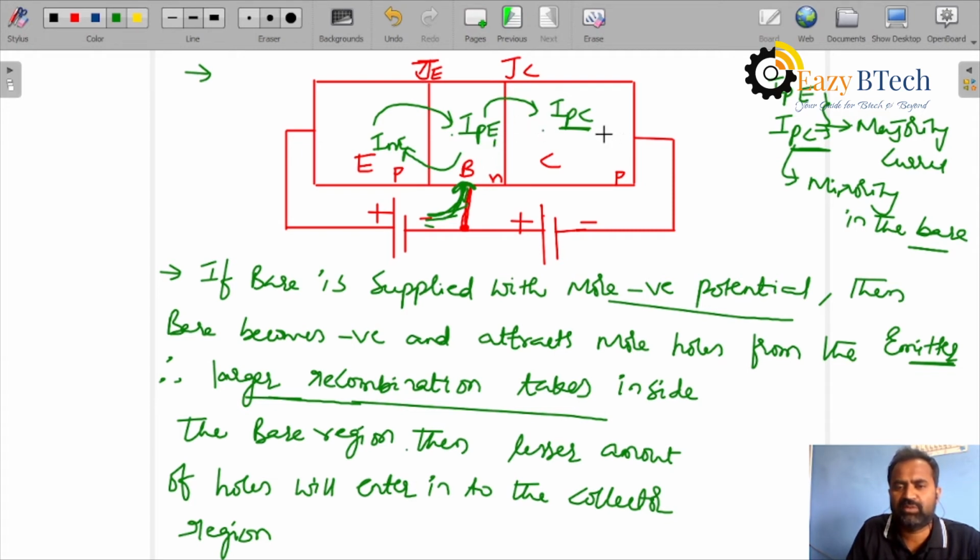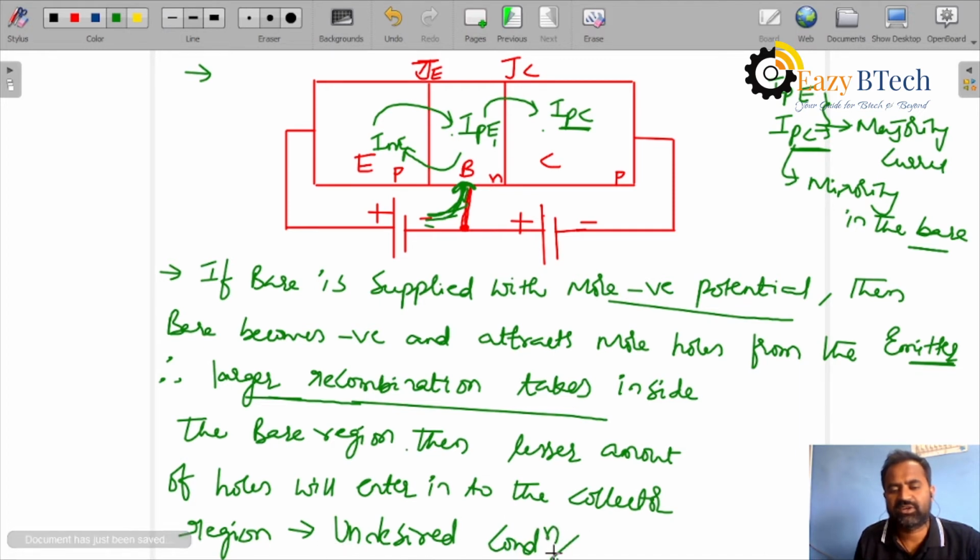Then the IPC count decreases, and lesser current enters into the collector, which is an undesired condition. Clear? As more negative is given to the base, the base becomes more negative, and with more recombination in the base, a lesser amount of holes crosses the collector junction and reaches the collector, which is undesired.